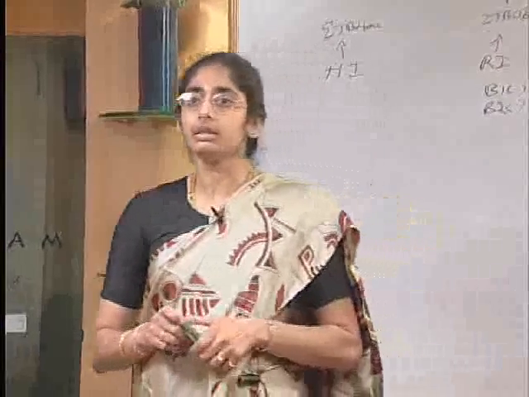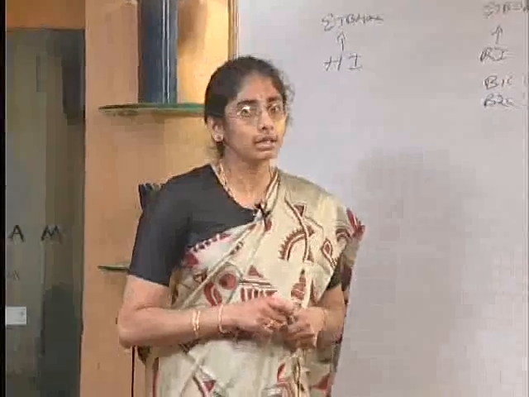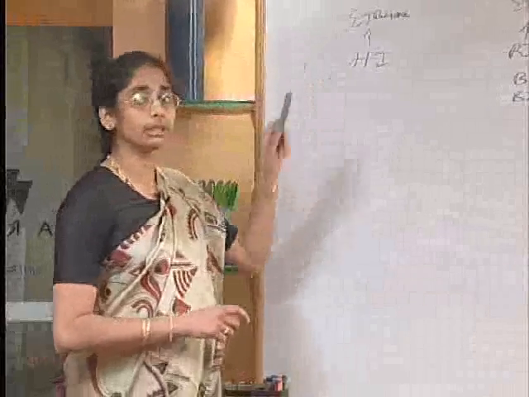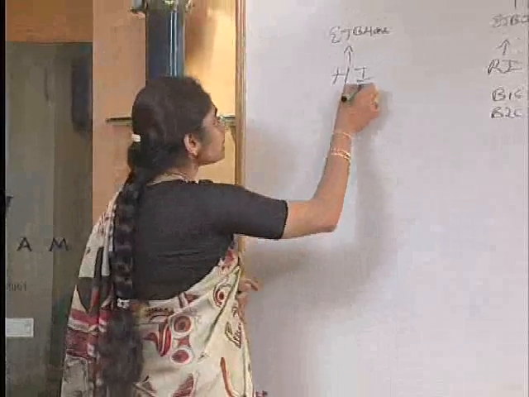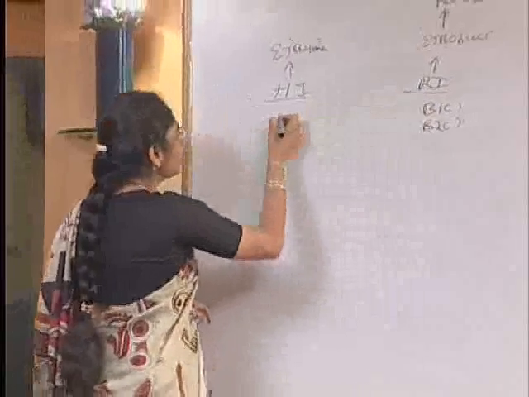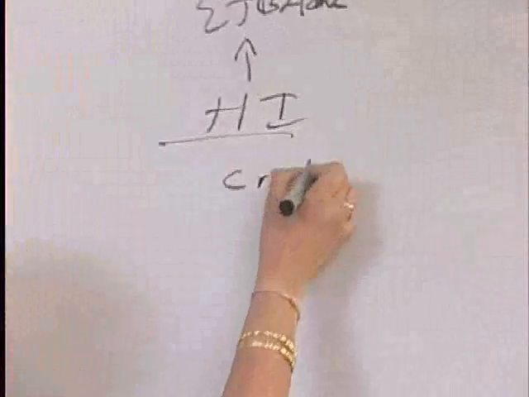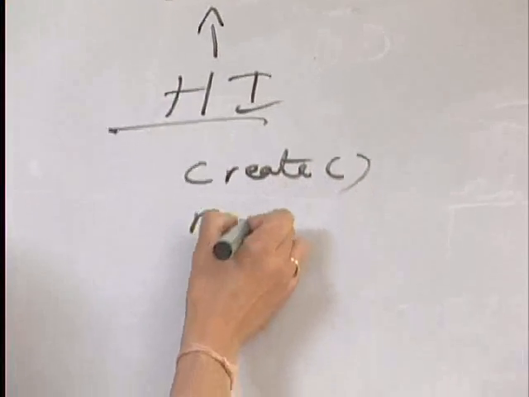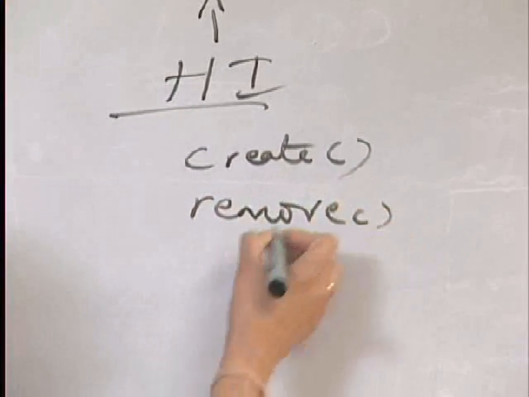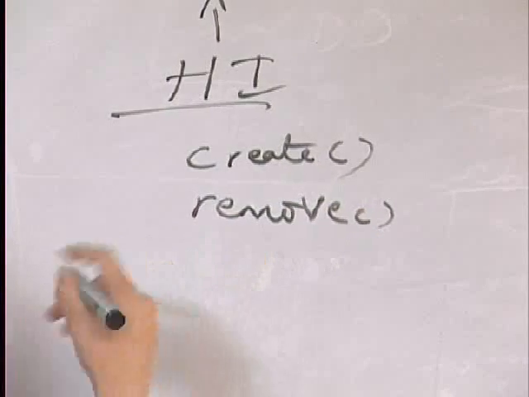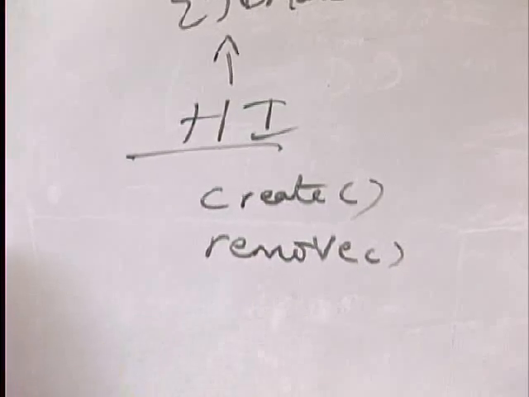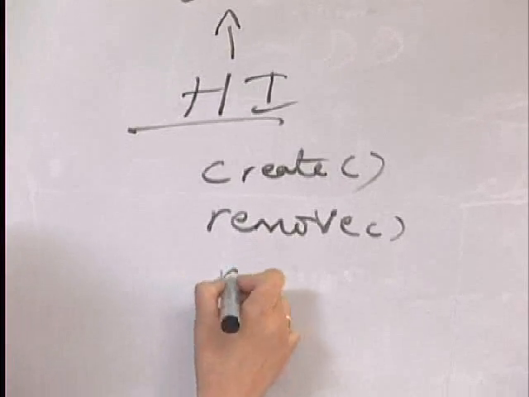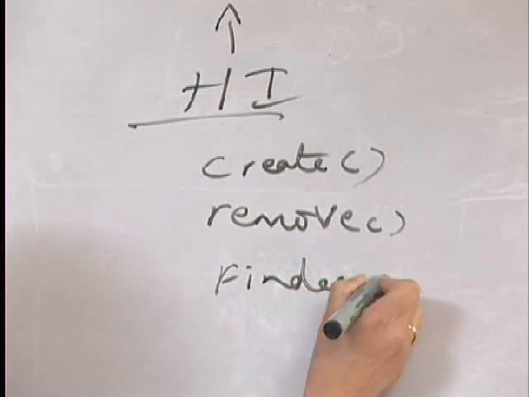And these container generated methods are nothing but the methods of the home interface. The home interface consists of methods like create, remove, and possibly, depending on the type of bean, in case of entity beans, it also consists of the finder methods.